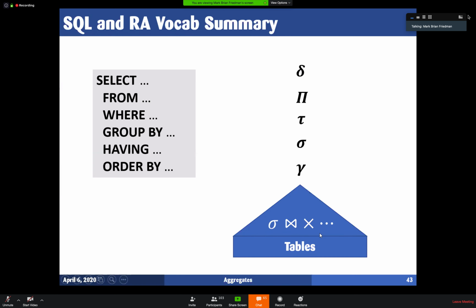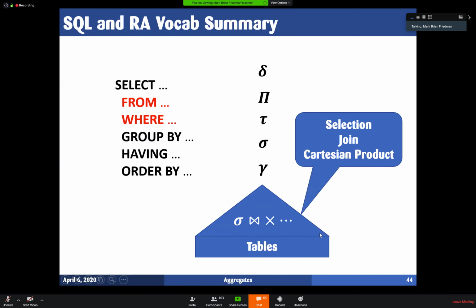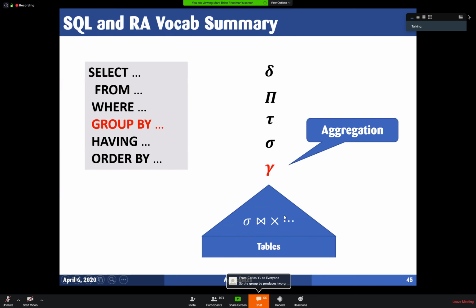The first thing that happens is that we look at the tables, and that's processing of the from, which references which tables we're looking at, and any selection that's occurring. So that's the where part, any joins, that happens first. The next thing that happens is aggregation.